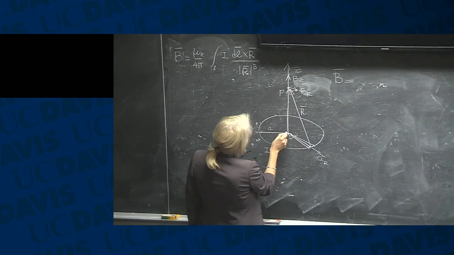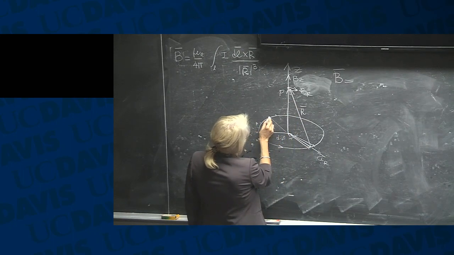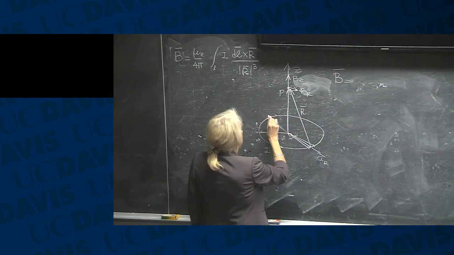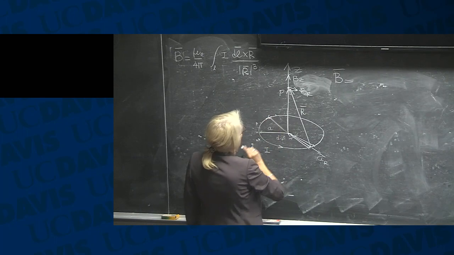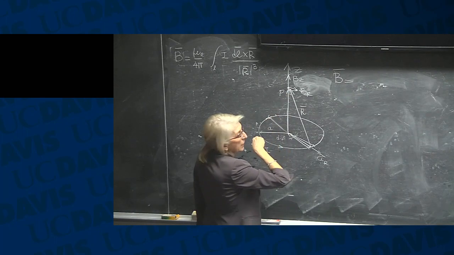If I go to the other side of the circle and have this section, this current going like this, what is this going to create here?